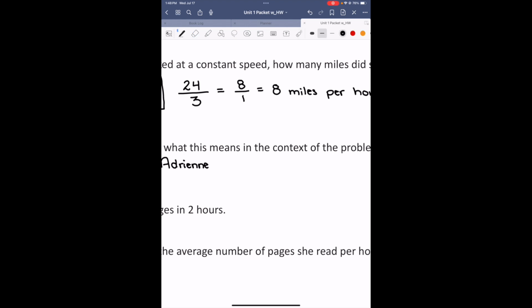So what this means is that Adrian bikes 8 miles for every 1 hour she rides. So that's what it means in the context of the problem.